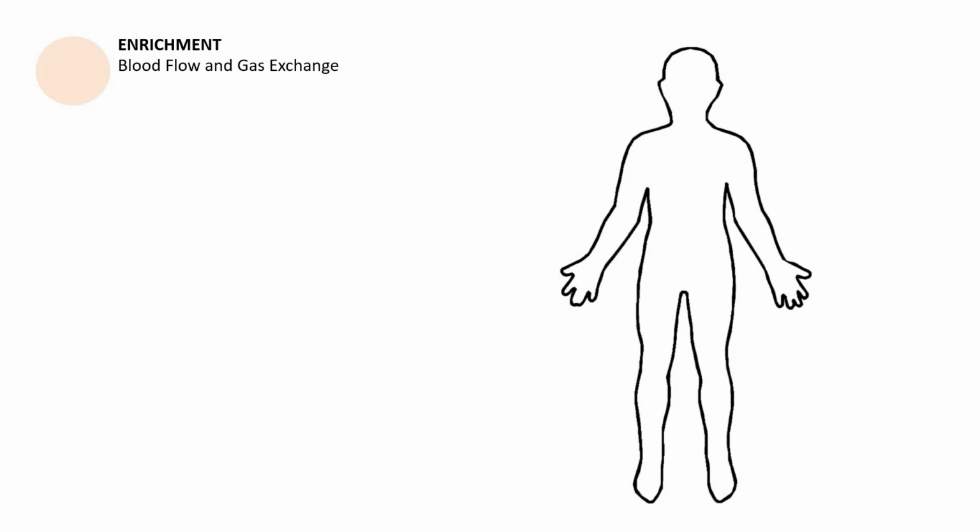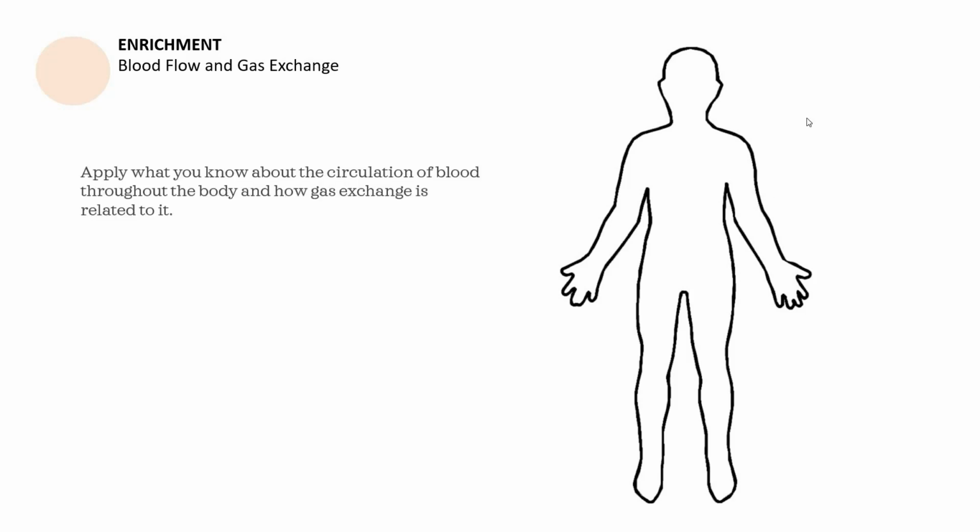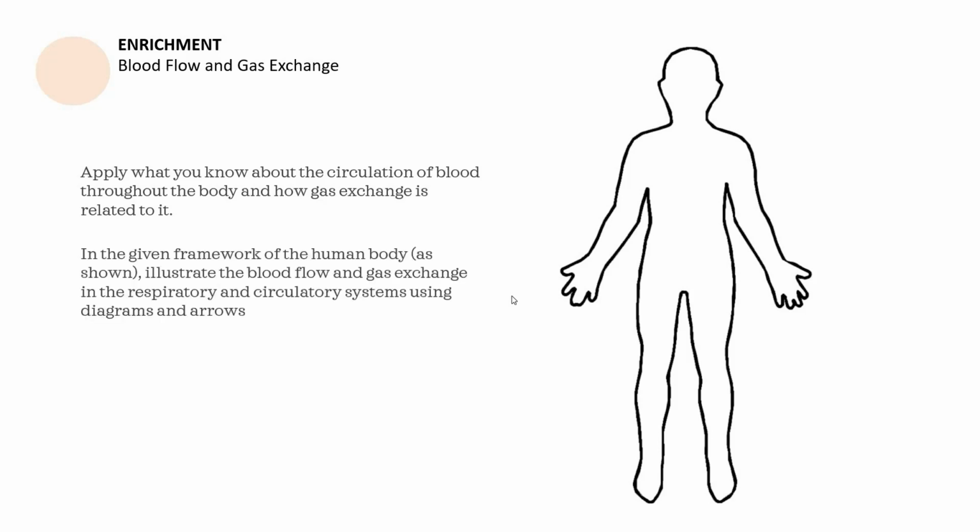You may get your study notebook for this and then label it enrichment, blood flow, and gas exchange. Using this outline, you can actually call this an outline or a framework of the human body. Using this framework, you have to apply what you know about the circulation of blood throughout the body and how gas exchange is related to it.